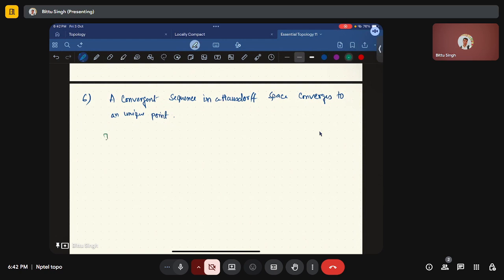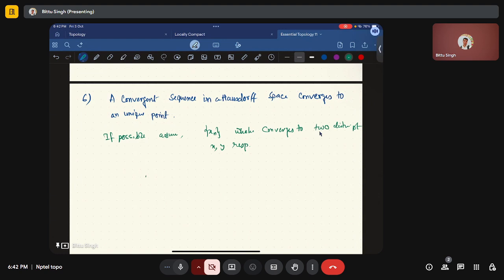If possible, assume there is a sequence xn which converges to two distinct points x, y respectively. Okay. So we are assuming that xn converges to x and xn also converges to y, x, y are different points.